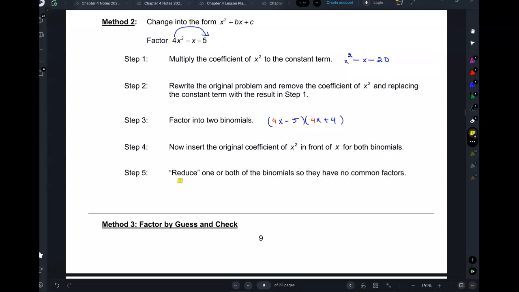Next, you have to reduce one or both of the binomials so they have no common factors. So for example, look at the first one. Is there a number that you can divide both of these by? No, so you leave it. Is there a number that you can divide both of these by? 4. So you divide by 4. So finally you get 4x minus 5, x plus 1.